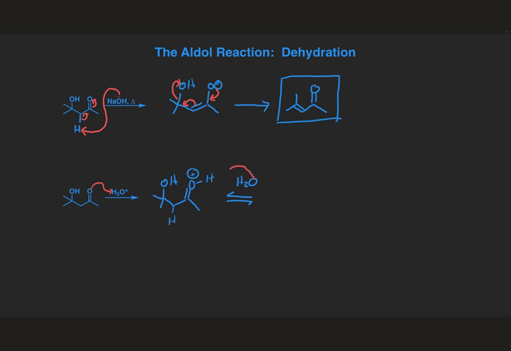And in the second step of tautomerization, we deprotonate the alpha hydrogen to generate the enol here.